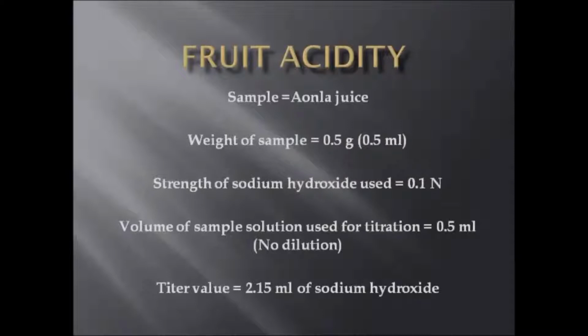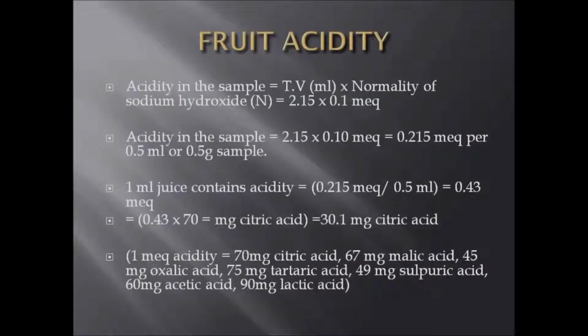Then I will tell how to calculate fruit acidity of the amla juice. Now we have the titre value. Acidity in the sample we want to calculate. Titre value with sodium hydroxide is 2.15 ml.